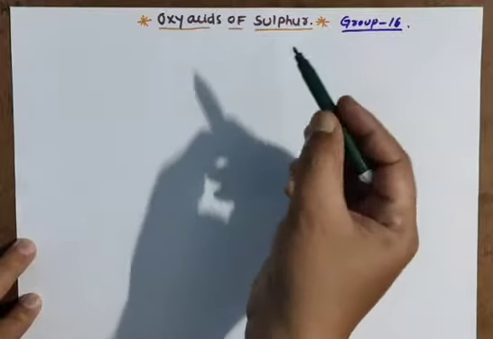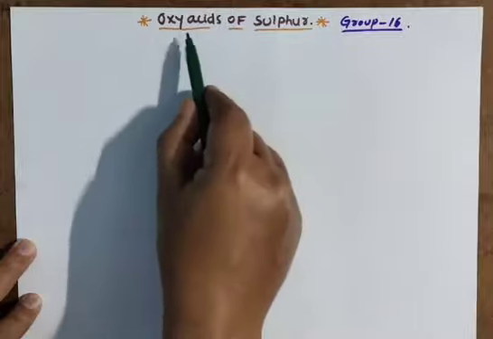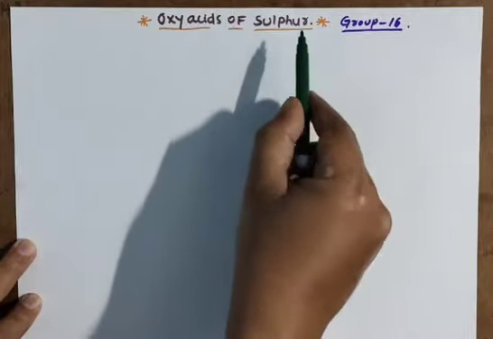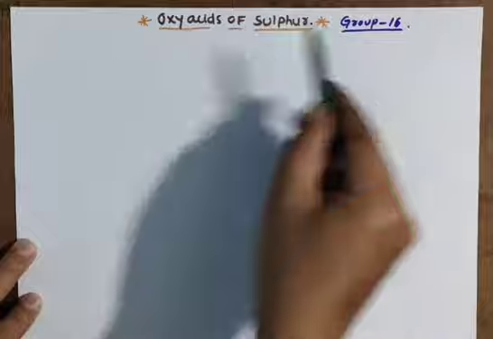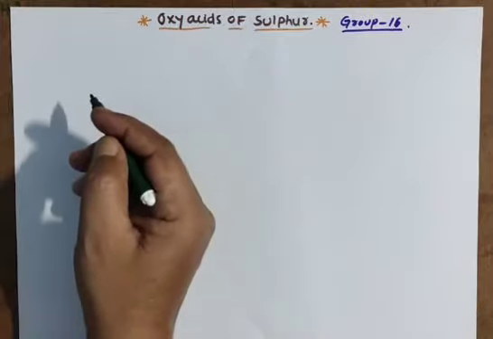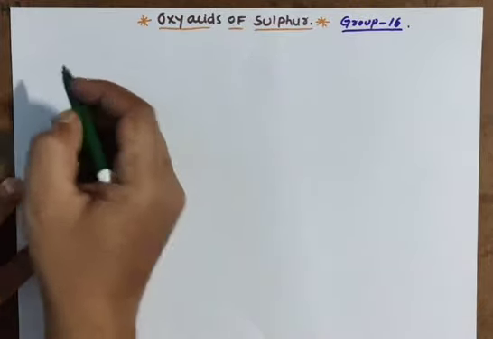In the last video I explained oxyacids of phosphorus, group 15. Now group 16, which is very important for competitive exams.